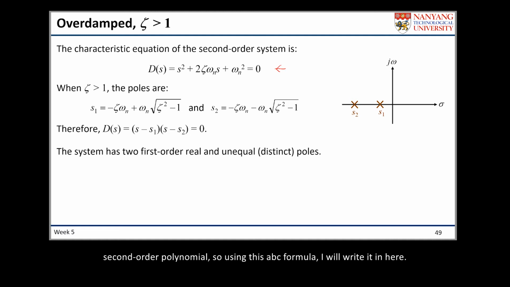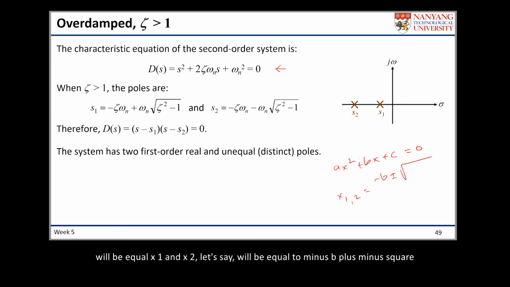Using this ABC formula, I will write it down again here. If you have an equation that looks like this, the roots of this equation, x1 and x2, will be equal to minus b plus or minus the square root of b squared minus 4ac, divided by 2a, right?